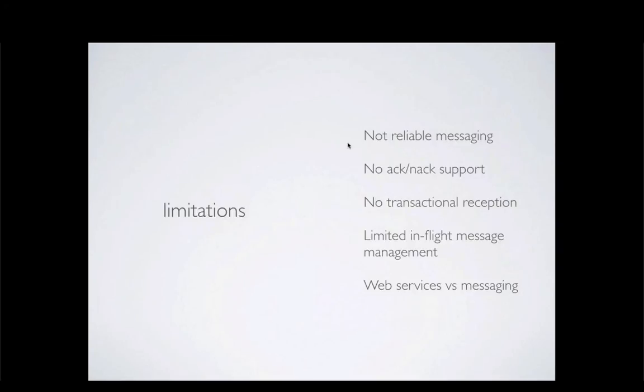There's very limited in-flight message management right now. For example, flow control, dead letter routing, etc. Hazelcast does provide a JMX interface and their management center, so you do have some visibility into the Hazelcast nodes themselves. But you really don't have any control over flow control. For example, if you have fast producers and slow consumers, things are just going to queue up inside of Hazelcast.